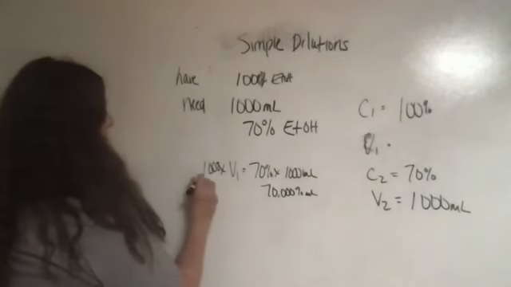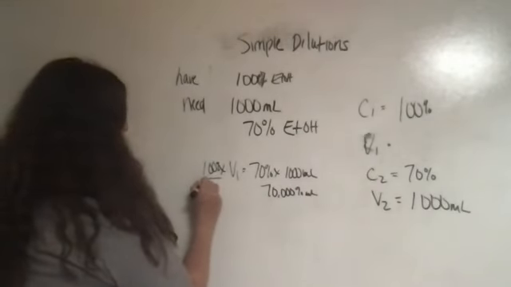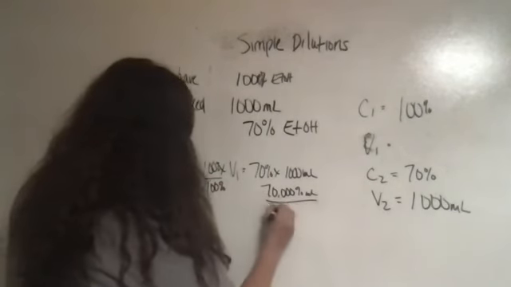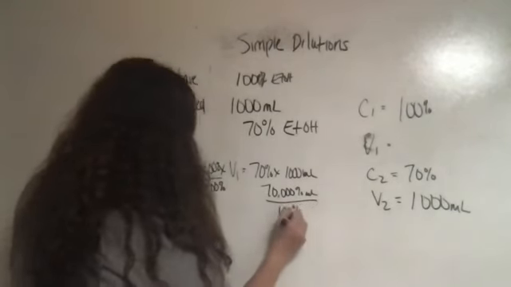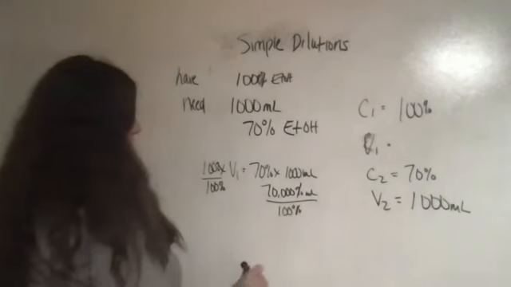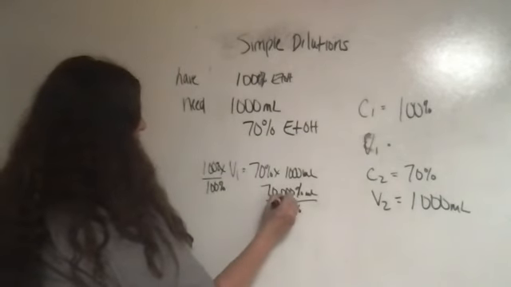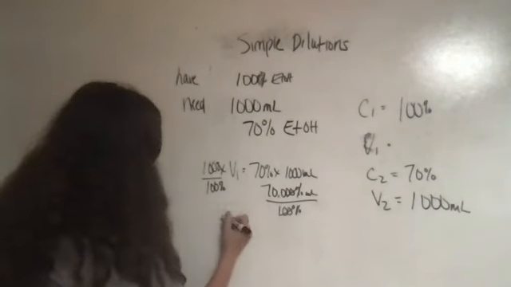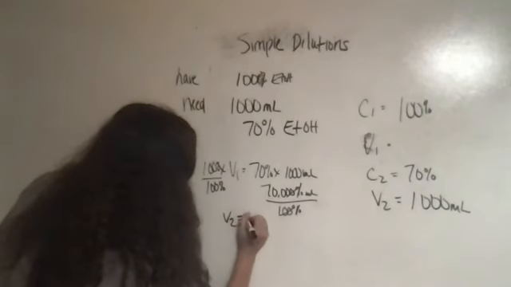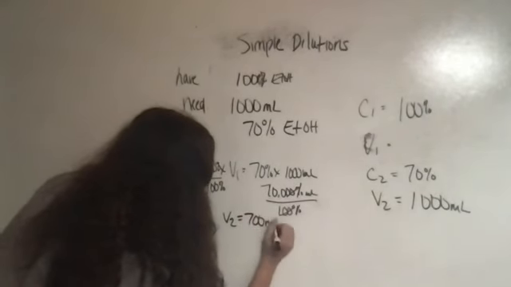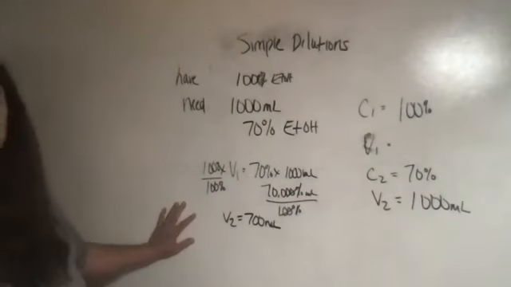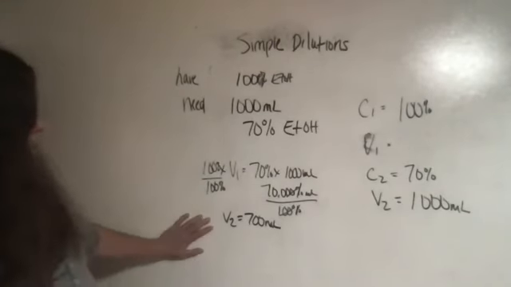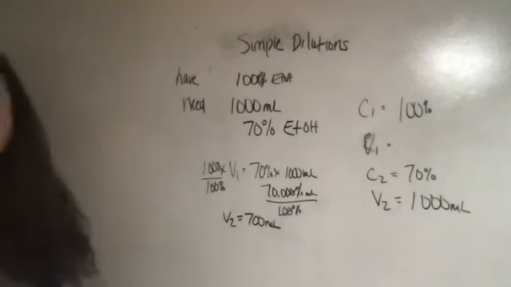Now we're going to divide all of this by 100%. We can get rid of the percents and cross off two of the zeros. So we have 700 milliliters. So V1 equals 700 milliliters. Do you agree with that? Okay, good. So we have 700 milliliters, but we need a total of 1,000 milliliters in the solution.